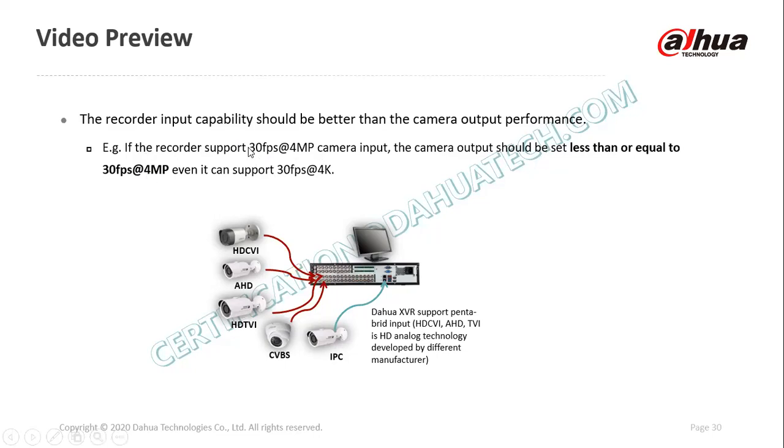So if the recorder is 30 FPS, the camera should be 30 FPS, even if the camera has higher. So the recorder will determine which output is used.